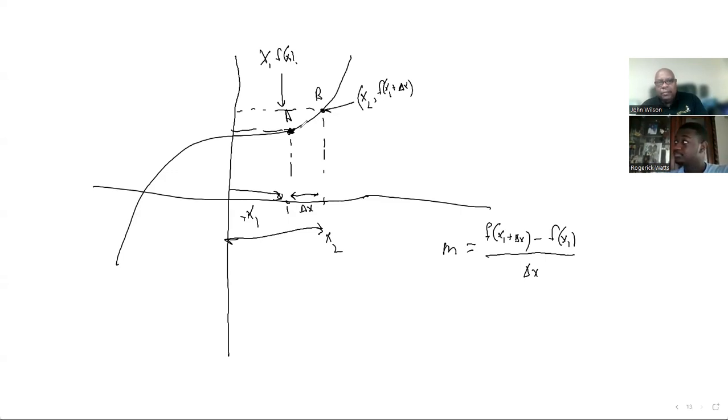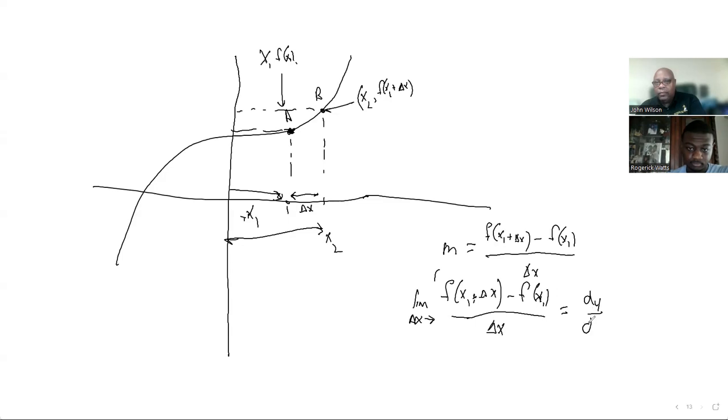It means that this M, the limit as delta x goes to 0 of f of x1 plus delta x minus f of x1, as long as we let the delta x go to 0, like we did in those examples, we should be left with what we call dy dx, or you can say the change in y over the change in x at a given point, x equals xa.